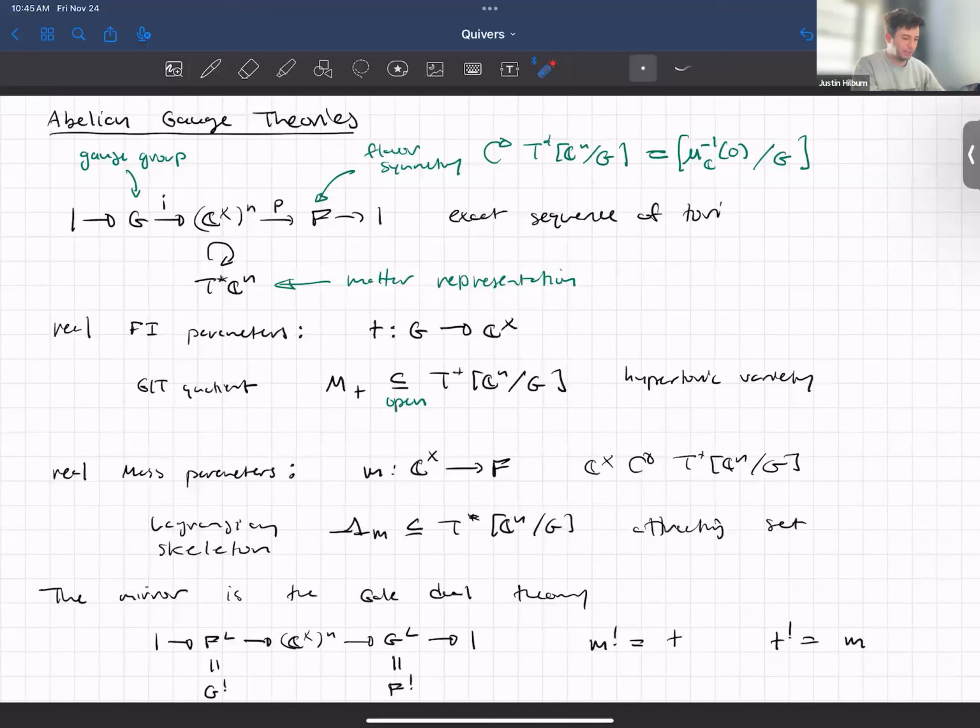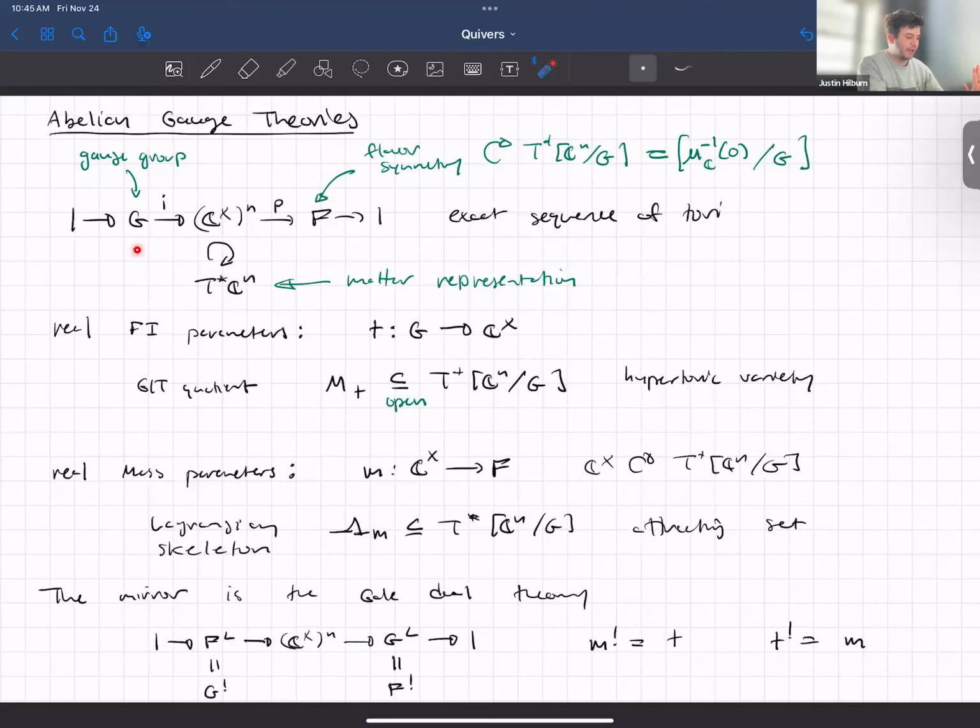I'm interested in these abelian gauge theories, or a hypertoric variety. These things come from an exact sequence of tori, where I have C star to the n acting on T star C to the n. I choose some subtorus, and I have my flavor torus as the quotient.